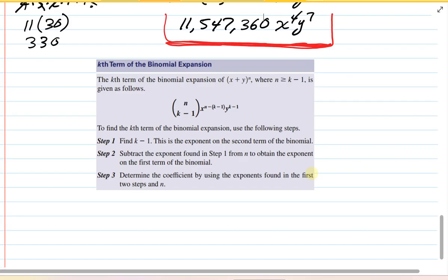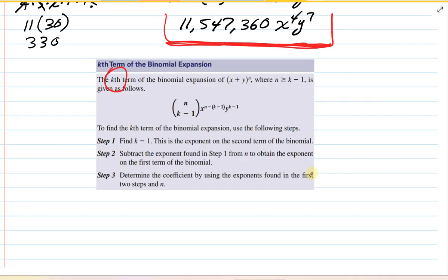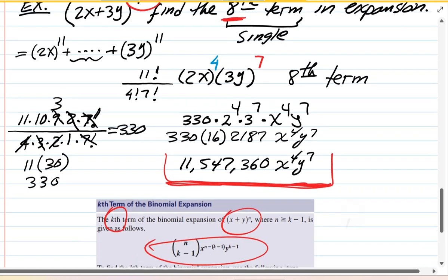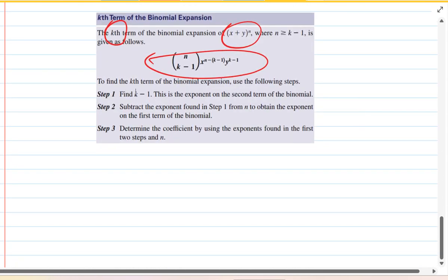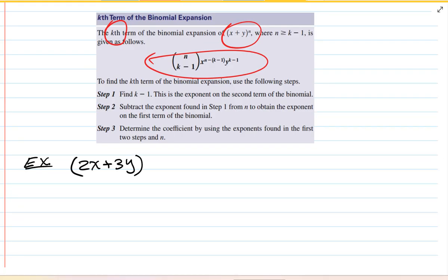This will give you the kth term of a binomial expansion of x plus y to the n. And I can actually do this just so you see how it works. We're doing the example I just did, using this formula, to see if you get the same answer: 2x plus 3y to the 11th. I want to find the 8th term.